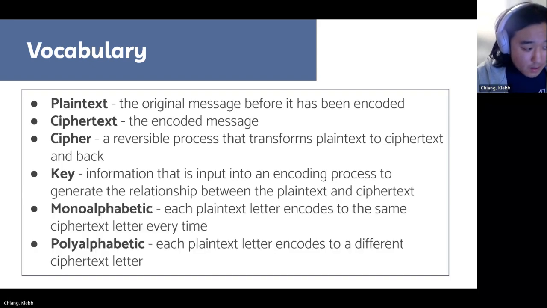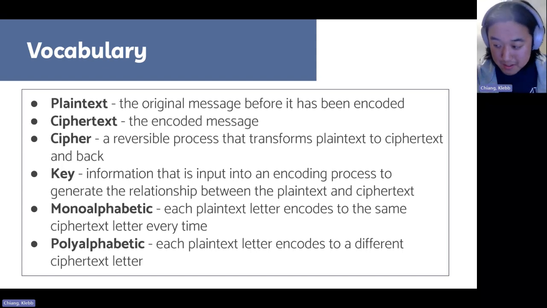Okay. Last thing, monoalphabetic and polyalphabetic. A monoalphabetic cipher is simply a cipher in which each plaintext letter always encodes to the same ciphertext letter. Assuming you use the same key, within the same question or problem.